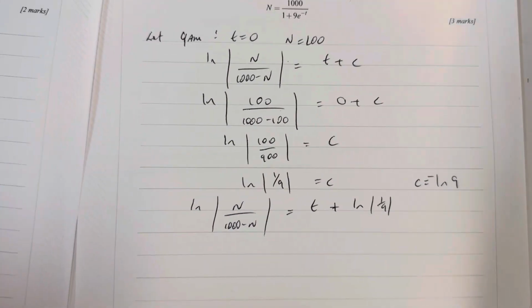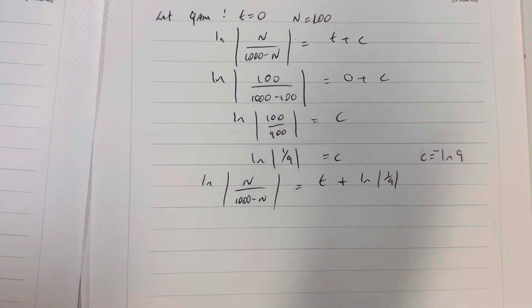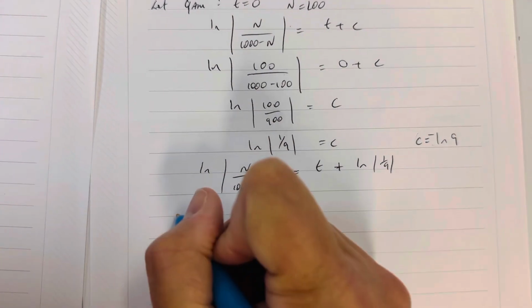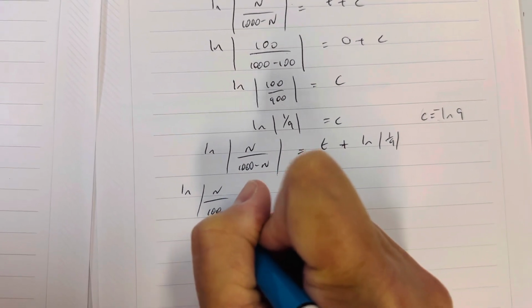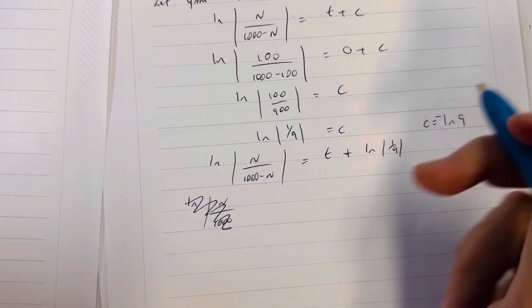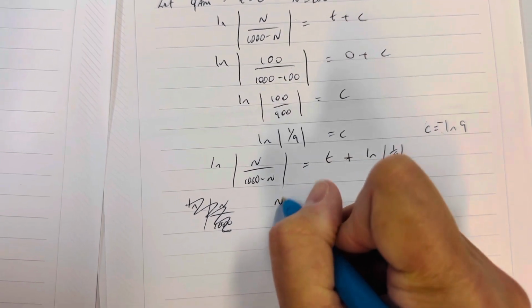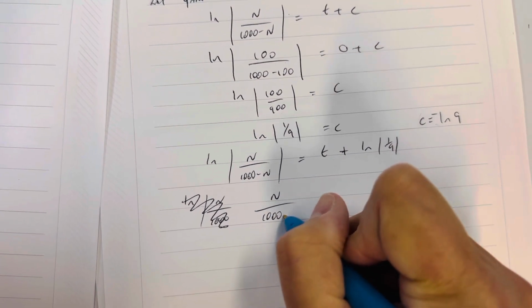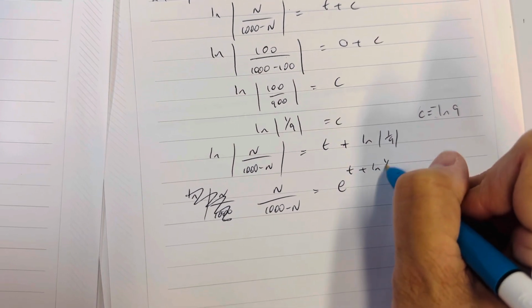Or you could have done it this way, either way. I could play with my logs, I definitely could go that way, but I might just go N over 1,000 minus N is e to the t plus ln 1/9.